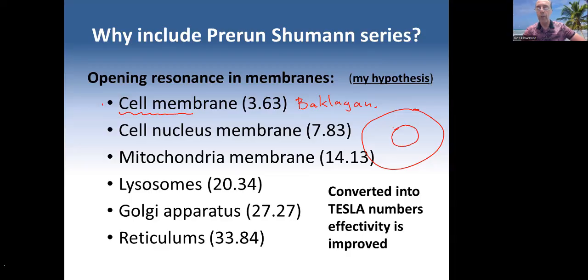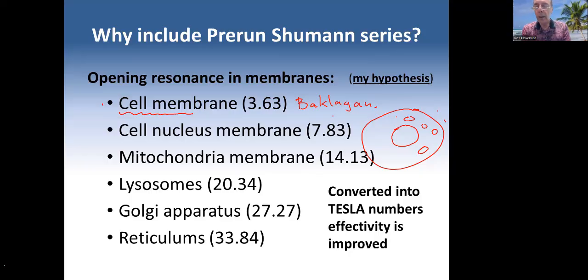But there is a nucleus that is 7.3. Then the mitochondria, and then the lysosomes, Golgi apparatus, and reticulums.